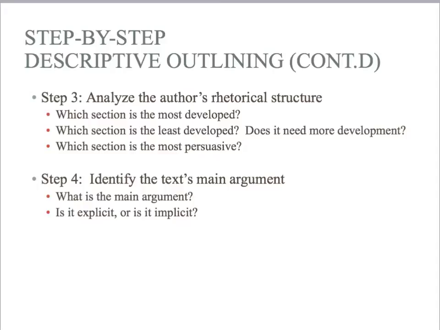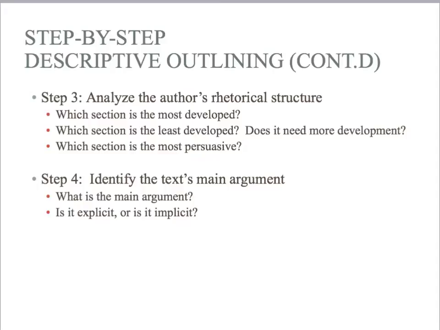For the section that has the most information, is it more developed than the other sections simply because it was a harder topic to prove or a harder supporting point to prove, or the writer seemed to have a little more knowledge about that particular section than they did any of the other sections? Or is it just being wordy? And you have to decide exactly why there's more information in one section than there is in another, and how that affects you in terms of the overall argument.